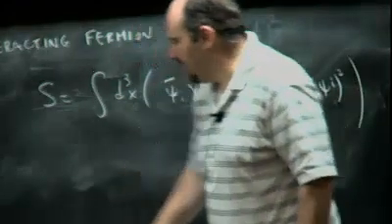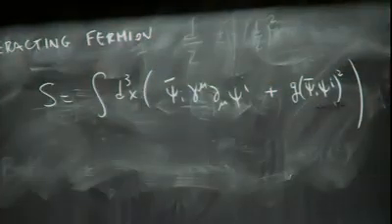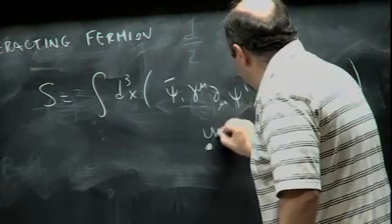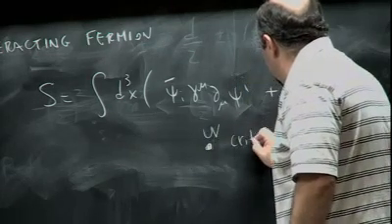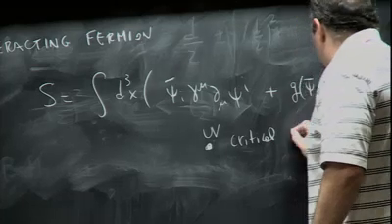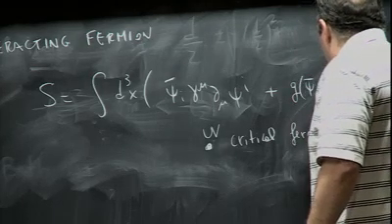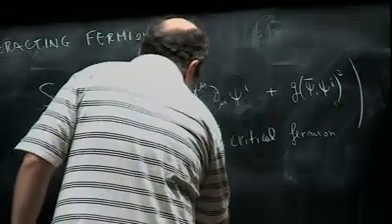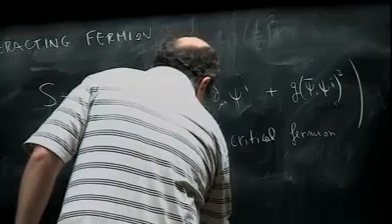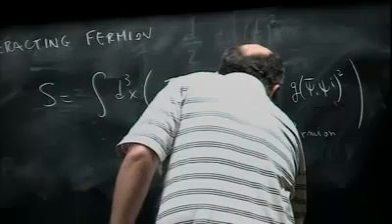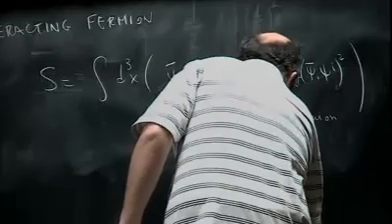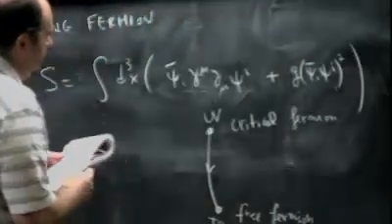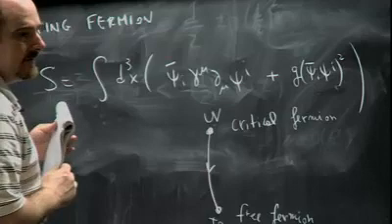By large N techniques, you can show in this case that there is a flow from a non-trivial critical fermion in the UV to the IR where we have a free fermion. So in this case, the role of UV and IR fixed point is exchanged.